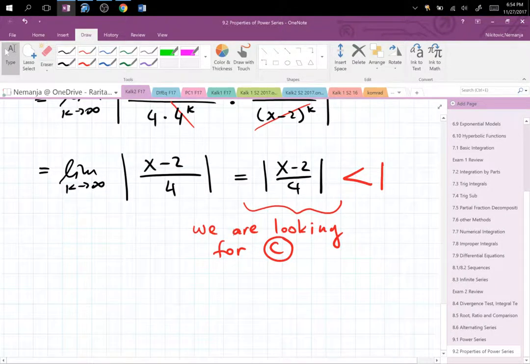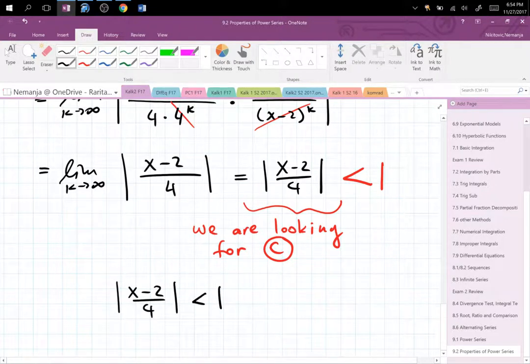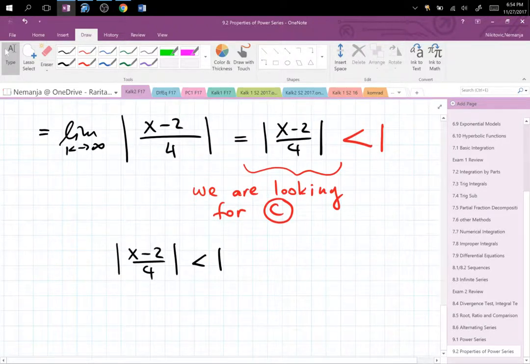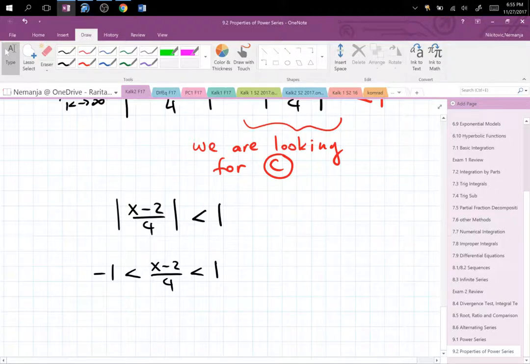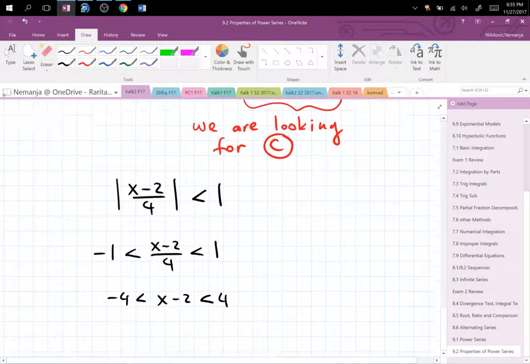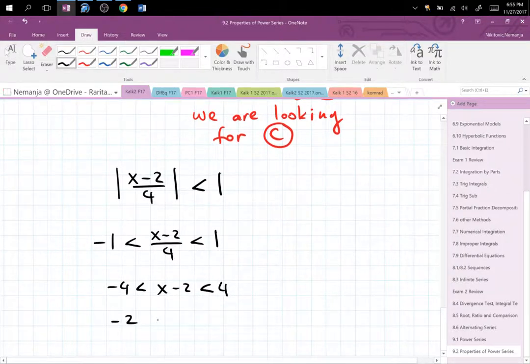So we now have an elementary algebra inequality to solve. We have to solve the absolute value of x minus 2 over 4 less than 1, which in elementary algebra we write as negative 1 less than x minus 2 over 4 less than 1. Multiply everywhere by 4 to get negative 4 less than x minus 2 less than 4. And add 2 to all of these to get x alone. And look, we found the interval of convergence.